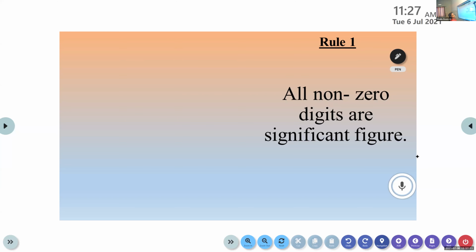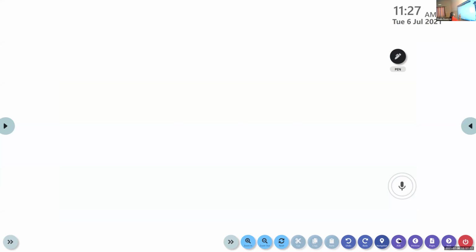Adulya, can you explain the problem once again? Okay, here we consider a girl's weight. Nida's weight is measured as 43.5 kilogram. And we know that every measured value consists of 2 types of digits.